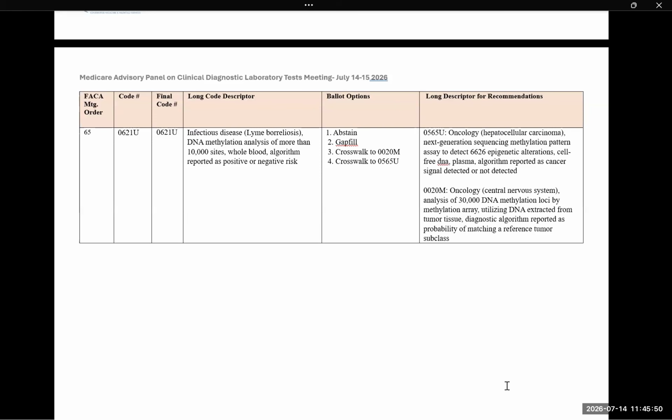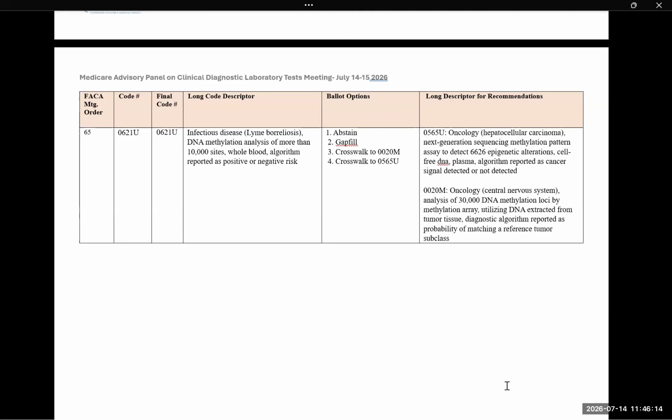My recommended ballot option is crosswalk to code 0565U, a next generation sequencing DNA methylation assay with 0020M, a genome-wide methylation array assay as an alternative. Each of these comparators is a DNA methylation analysis paired with an algorithmic interpretation.